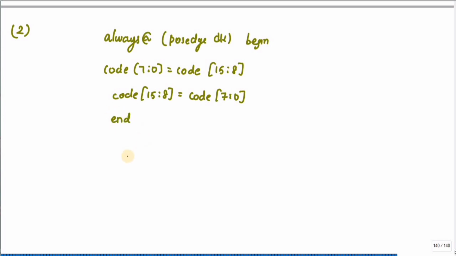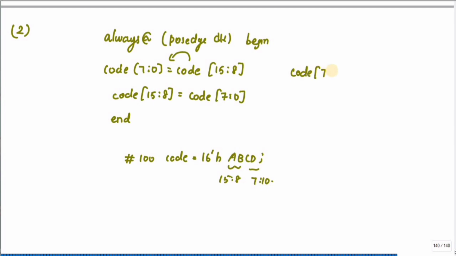So here the equal sign represents the blocking statement and end. Okay, and inside the initial block you have #100, code is equal to 16'hABCD. So here AB is nothing but your MSB, that is from 15 to 8, and CD is from 7 to 0.